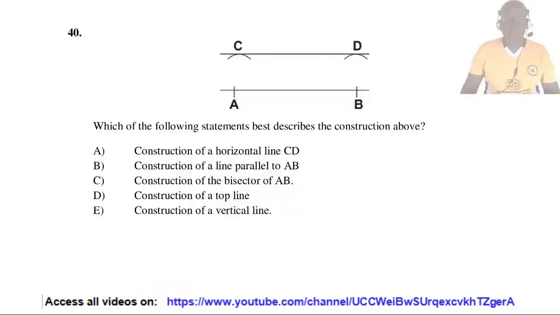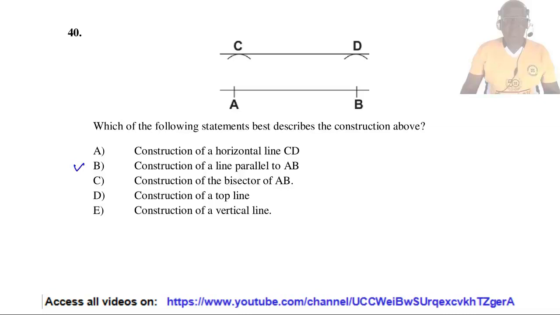Question 40. Which of the following statements best describes the construction above? The answer is B. Construction of a line parallel to AB. To construct a line parallel to AB, we shall open the compass to the required distance between the two lines.